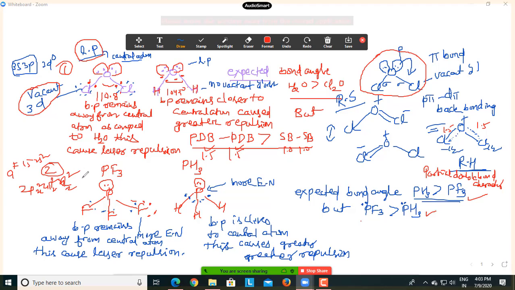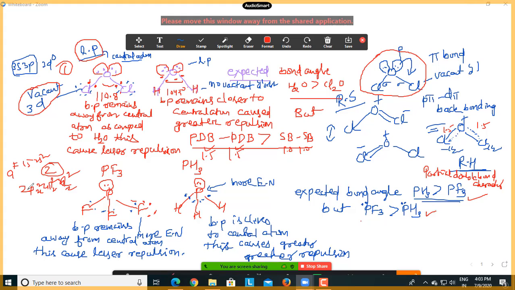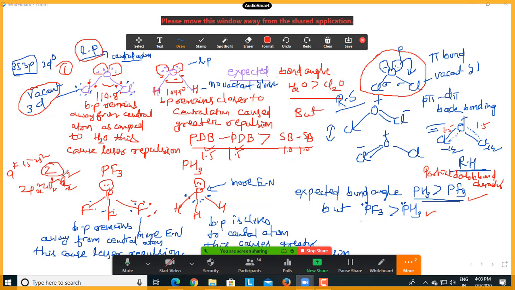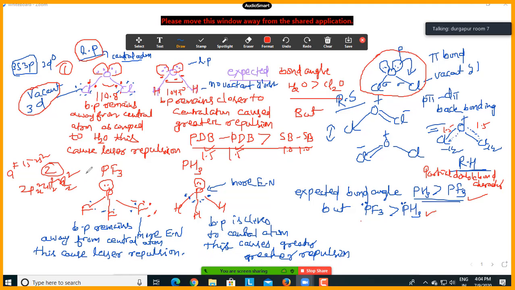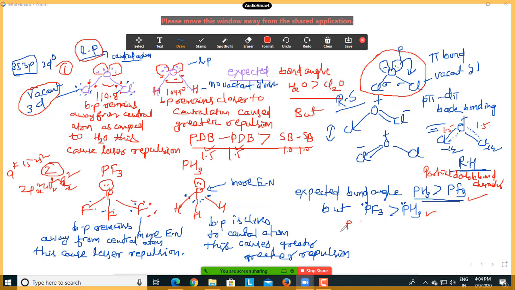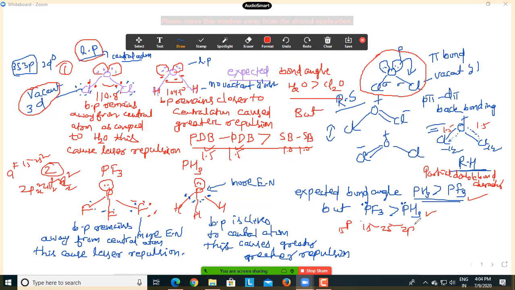Fluorine has a filled shell and does not have a vacant d in the valence shell. So the valence shell should contain a vacant orbital. But phosphorus, you see, atomic number of phosphorus is 15: 1s2, 2s2, 2p6, and 3s2, 3p3.